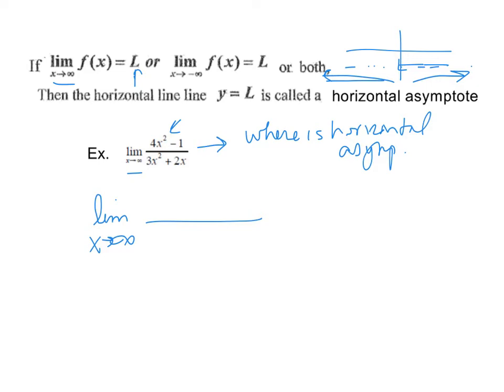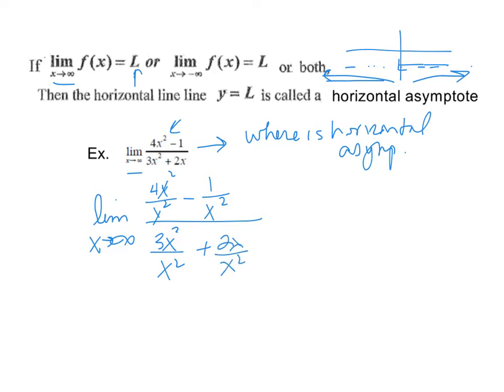So divide every term in the whole function by the highest power. So divide everything by x squared. So I have 3x squared over x squared plus 2x over x squared.